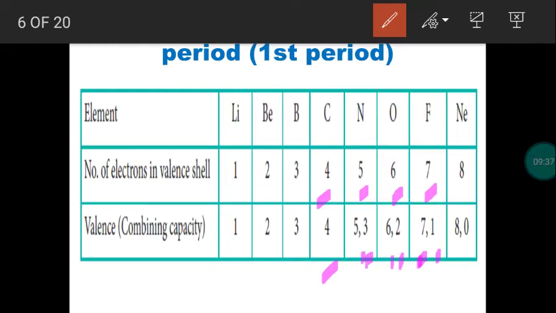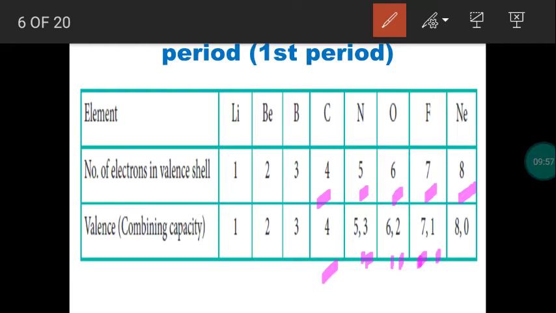Then, as we know, neon is highly stable, right? Atomic number 10, so the electronic configuration is 1s2, 2s2, 2px2, 2py2, 2pz2. All the orbitals are completely filled, so they are stable. 8 electrons are present in the second shell.